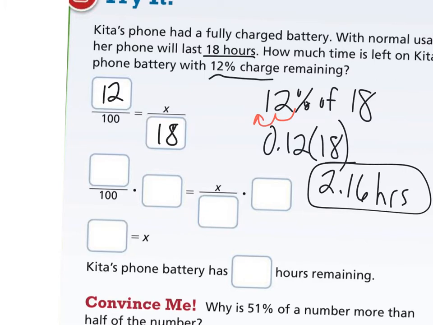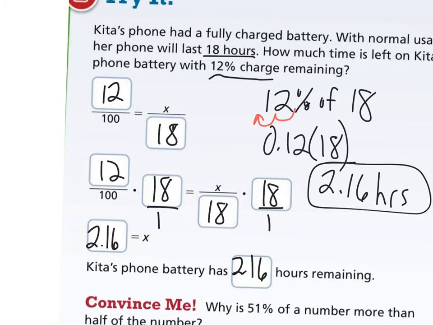If you do it this way, you could say they're dividing by 18, so you could multiply by 18 on both sides of the equation. Again, that's like 18 over 1, and work that out, multiply, divide by 100, and you'll get the same answer. Okay, so two different ways that you can do these problems.